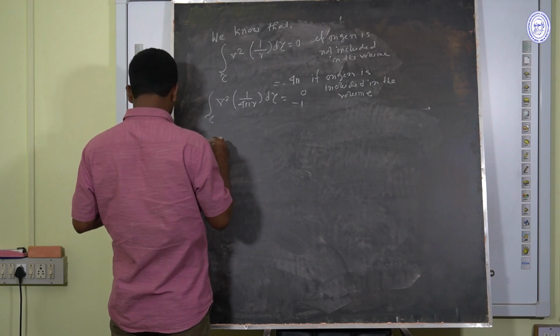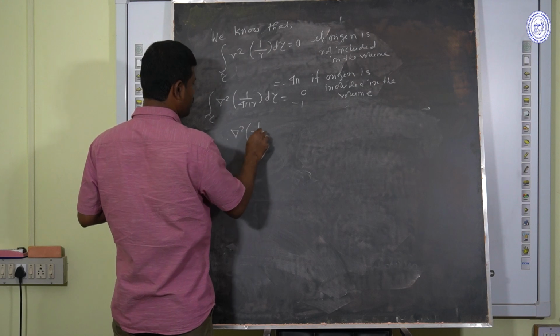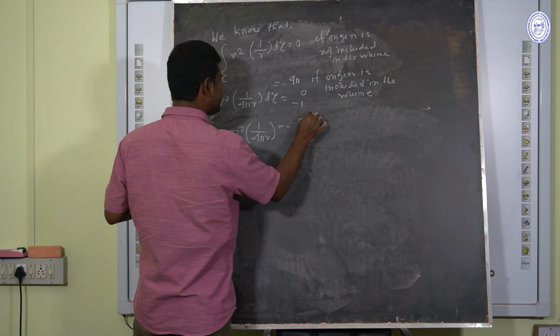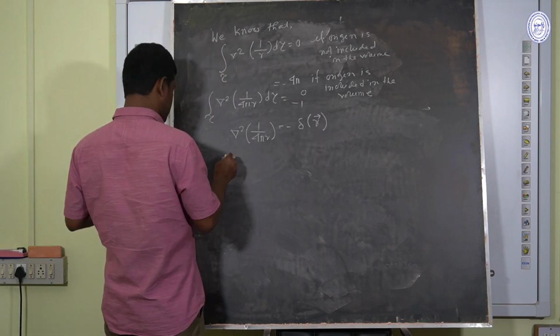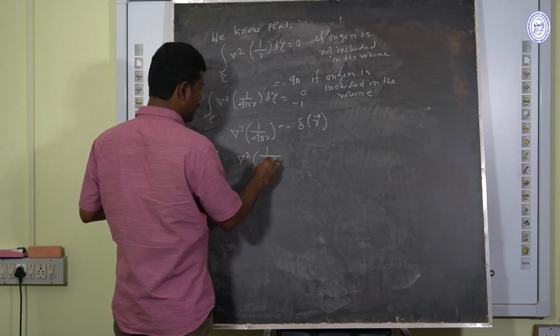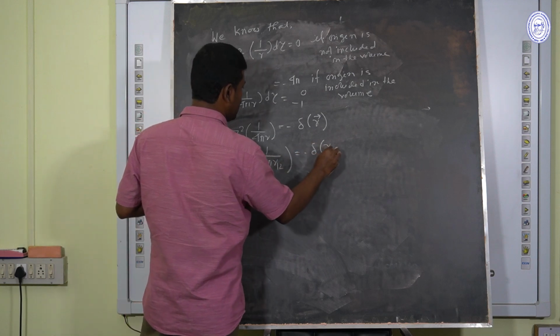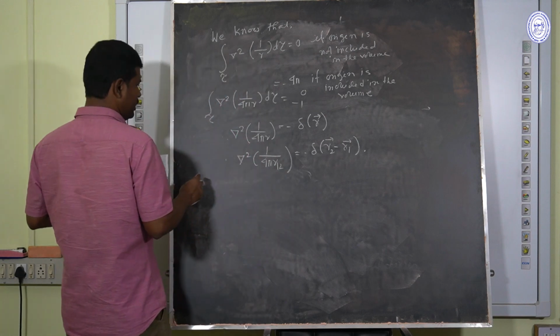So using the definition of the Dirac delta function, we can write the Laplacian of 1 by 4 pi r equal to minus delta of r. And so the Laplacian of 1 by 4 pi r12 is equal to minus delta of r2 vector minus r1 vector.